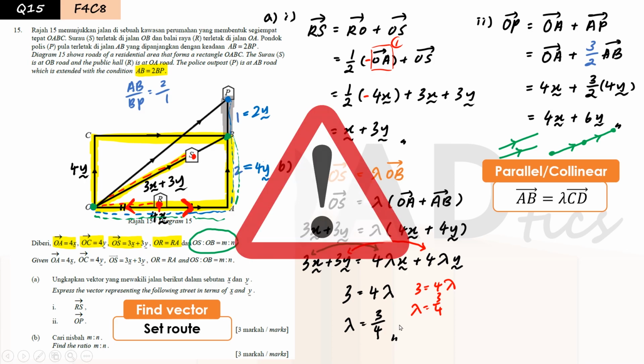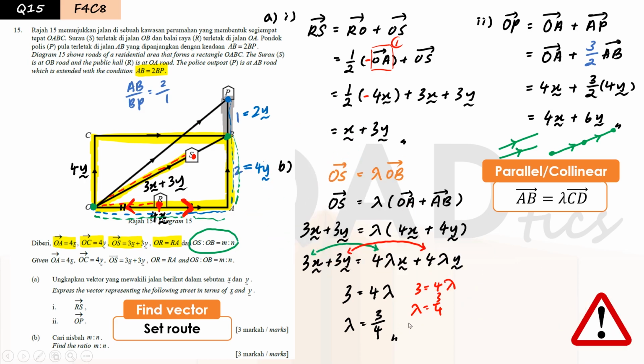Okay, so this means if both of the lambda values are the same, these 2 lines are parallel or collinear. If they are not the same, it is not parallel and not collinear, which means the buildings R, S, and P are not on the same straight line.